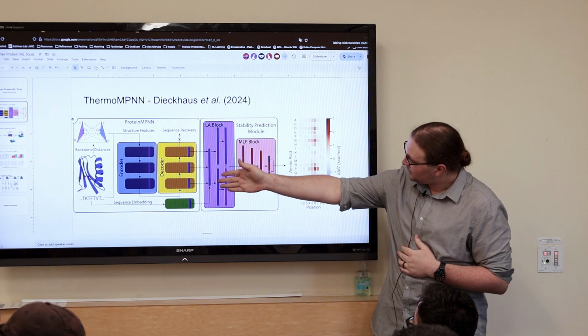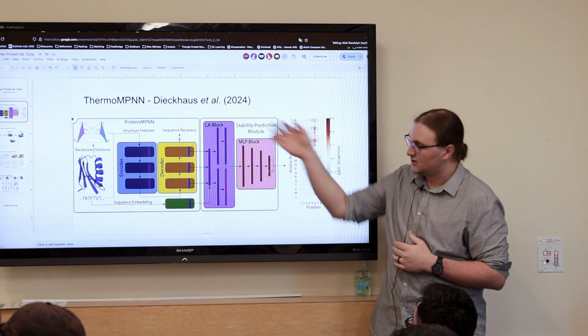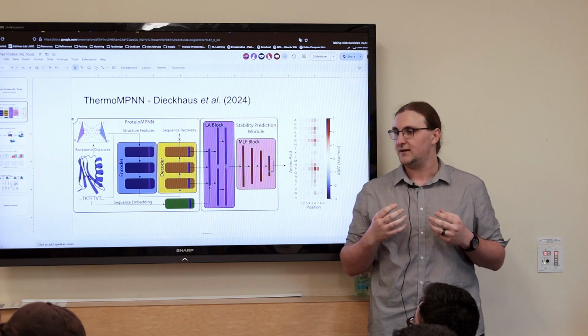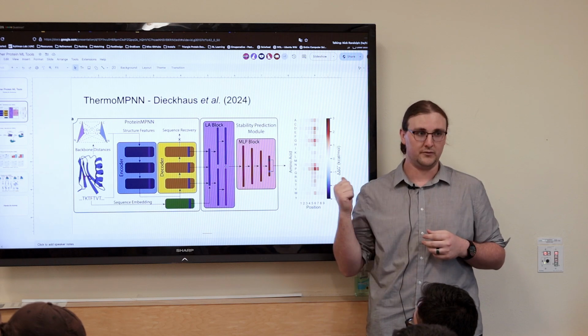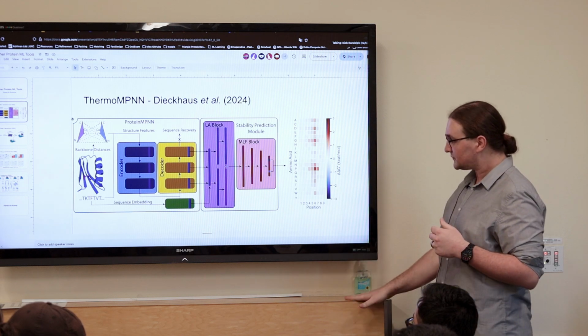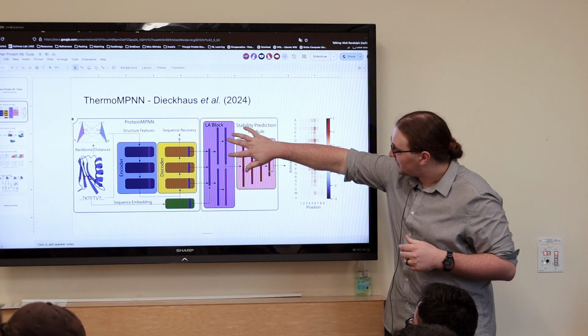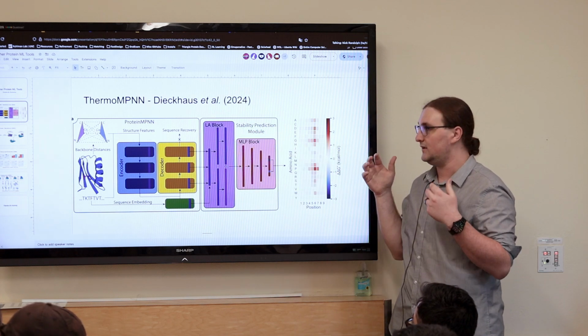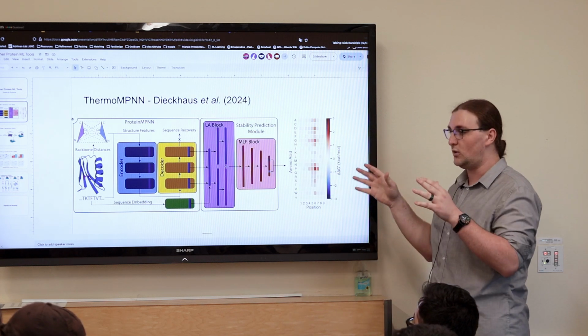We take all those pieces and then apply some light attention, which just rescales the features and the embeddings to make them more useful for the stability prediction task. And then we compare the native embeddings with all 20 mutant embeddings.